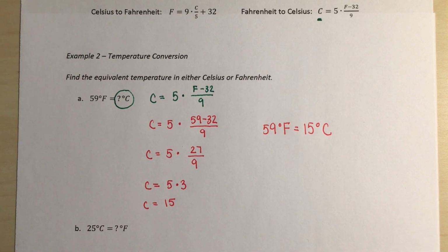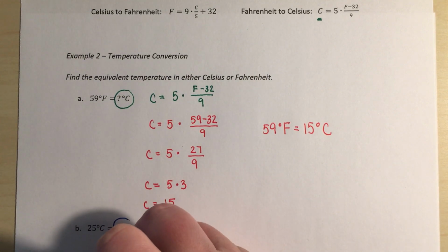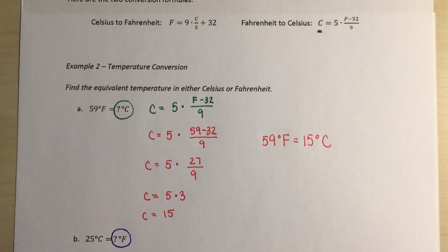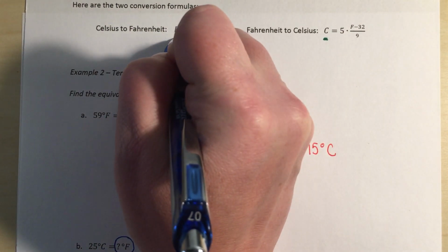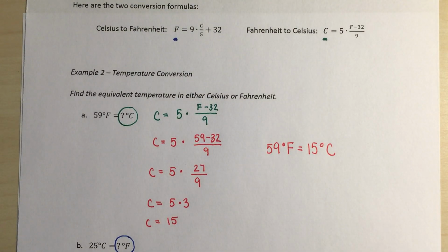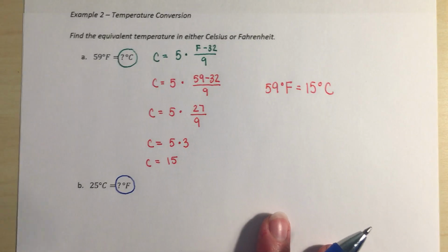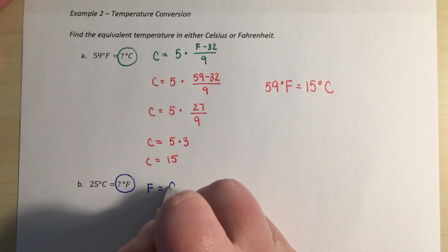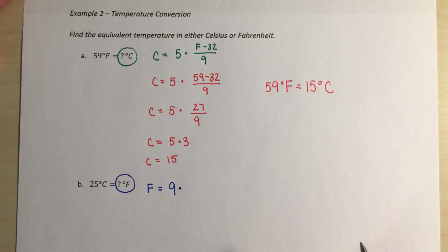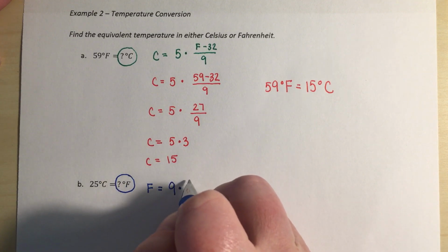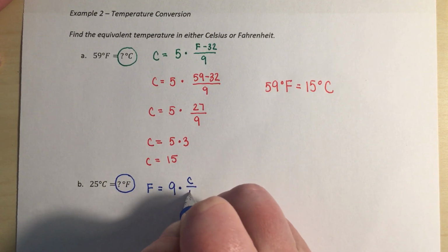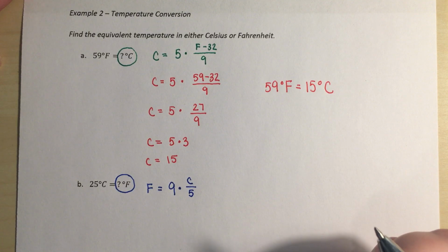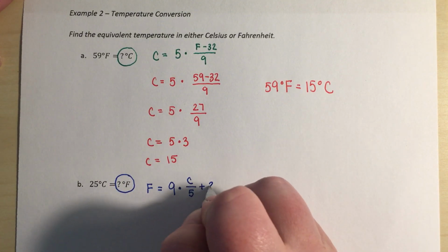All right, so for example B, now we're looking for our answer to be in degrees Fahrenheit. So coming up to the top, we want to use our formula that starts with the F. We want our final answer to be in degrees Fahrenheit. So I'm going to copy this formula down here in example B. We're going to say F equals 9 times C over 5, and that's where we're going to plug in our temperature in degrees Celsius, plus 32.